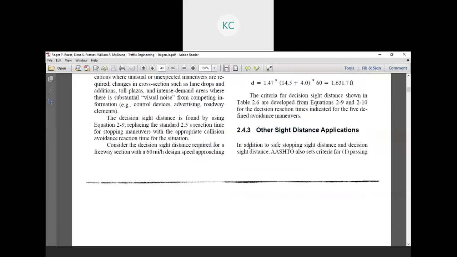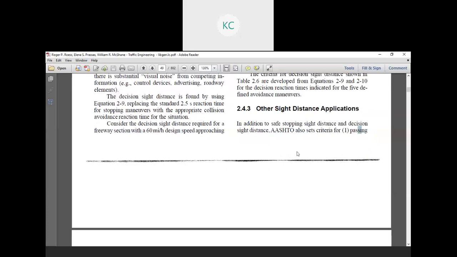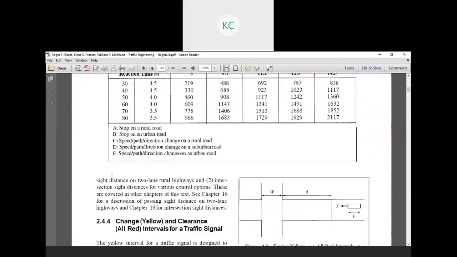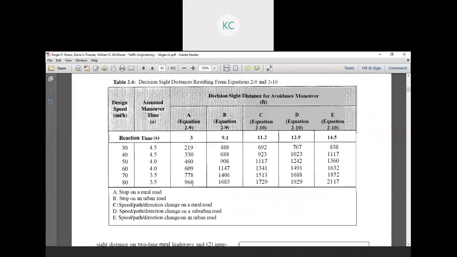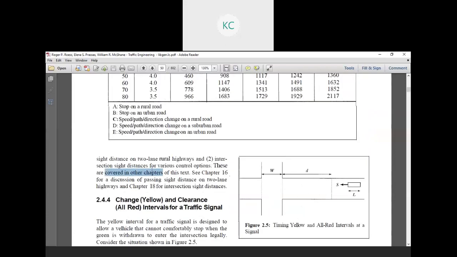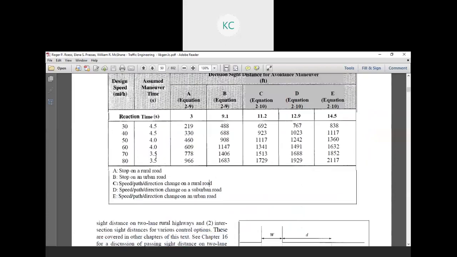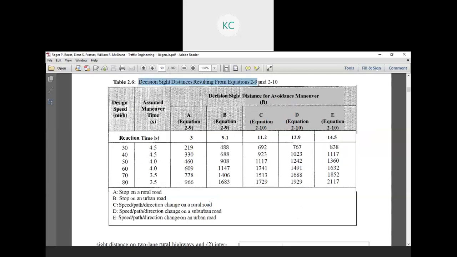Other sight distance applications: in addition to the safe stopping sight distance and decision sight distance, AASHTO also sets criteria for the passing sight distance on two-lane rural highways, and intersection sight distance for the various control options. So this decision sight distance is available with reaction times, design speeds, and different equations giving the distance.